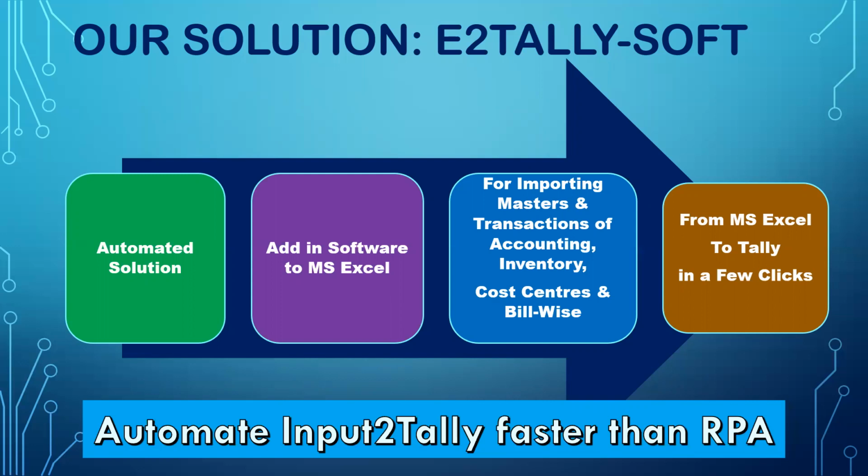But you need to remember that RPA mimics the human data entry. Although it reads and enters the data automatically, it is a cumbersome process because it does one by one. Whereas in the case of E2TallySoft, you may have 1,000 entries, 2,000 entries, or 5,000 entries pertaining to all the transactions or the masters. You can import this in one go in a few clicks.